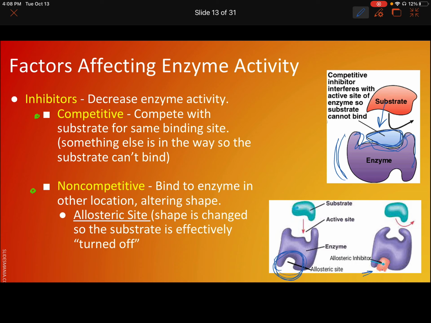So in this case, there's some sort of inhibitor here that binds to it, and because it binds, it changes the shape here, so now the substrate can't bind here anymore. This could be the result of some sort of feedback from somewhere in the cell that says, okay, we don't need any more of this product, and it sends this molecule to bind to the enzymes to turn them off. If this is removed, then the shape would return to normal, and the substrate could then proceed to bind.